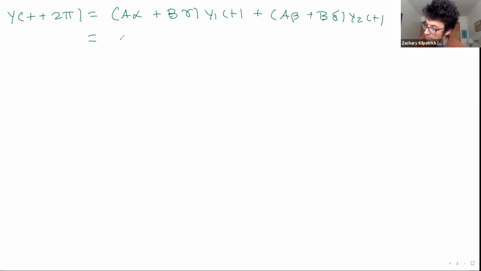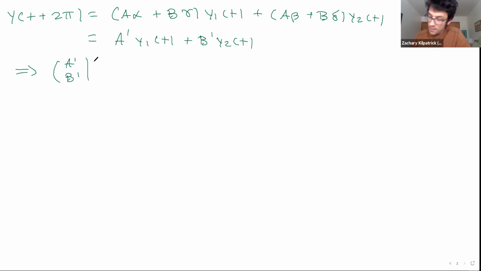And I'm just going to call these coefficients a prime, although it's not a derivative. I'm just using the prime as an indicator. B prime y2 of t. So what? Well, that means that (a prime, b prime) is equal to the matrix (alpha, gamma; beta, delta) times (a, b), okay?